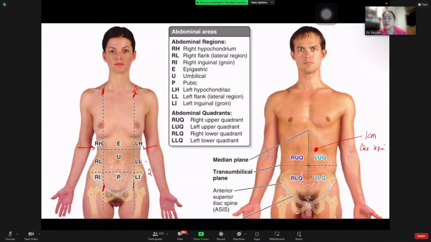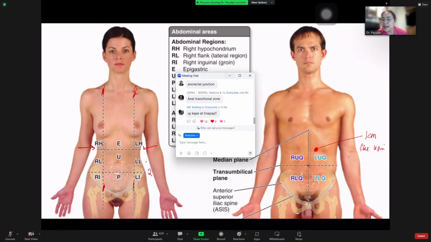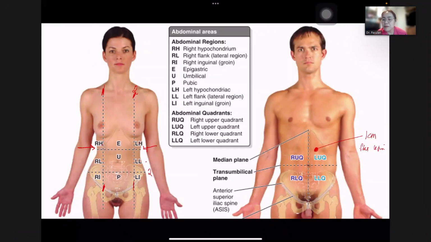Anyone? Anyone? Casimiro. Biglang nagtawag eh. Anyway, spare me calling out names. Just unmute and describe this lesion that I'm pointing at. Wala? Buksan nyo kaya yung mga ano nyo.